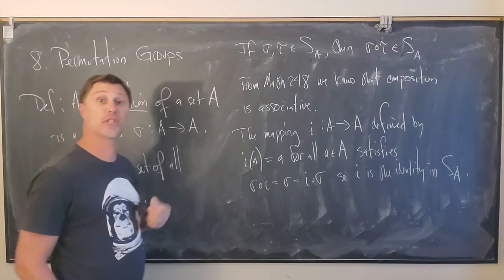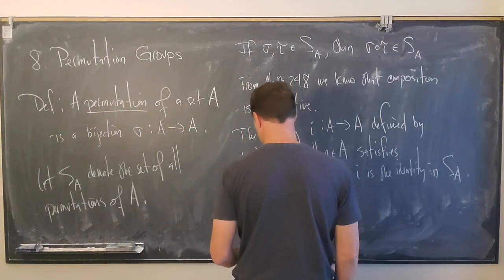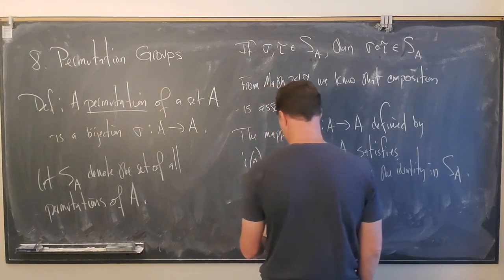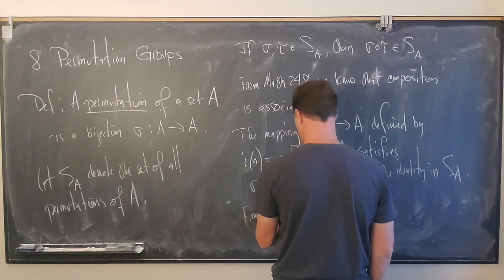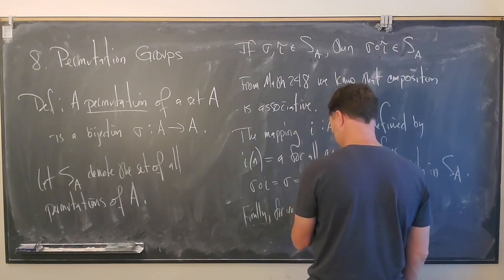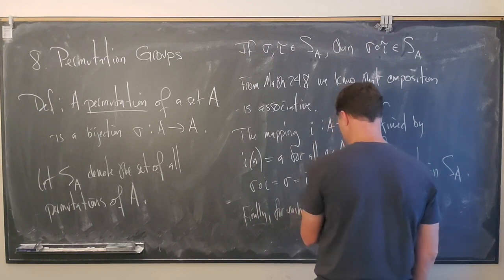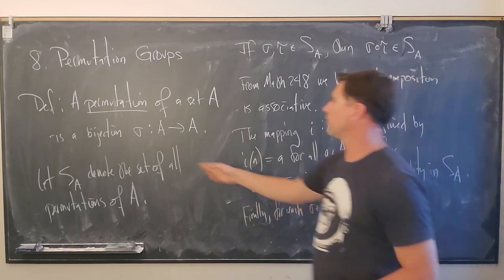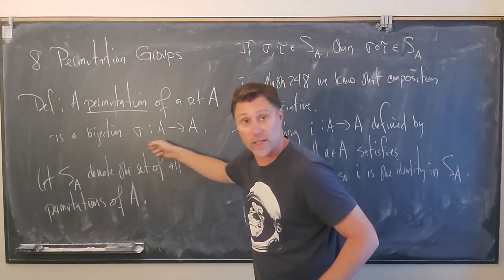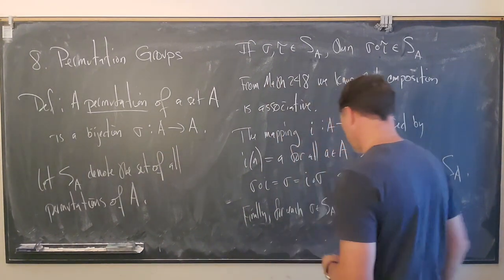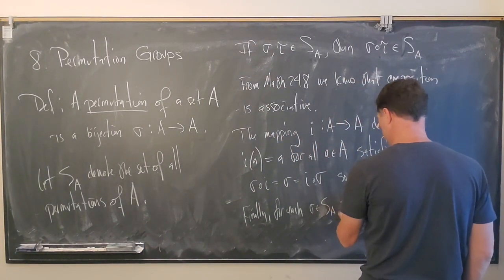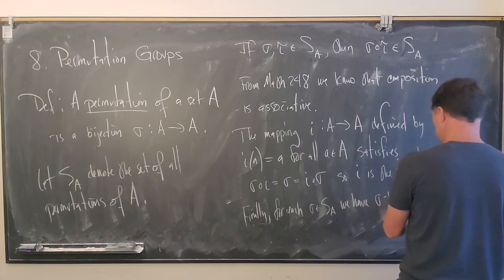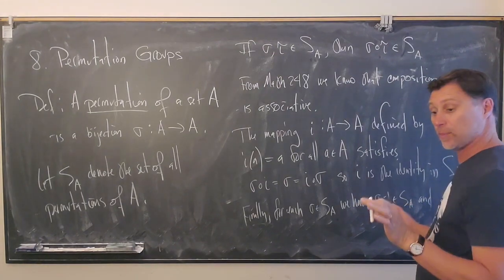Since we're working with bijections, each of these functions has an inverse. Finally, for each sigma in S sub A, if sigma is a bijection from A to A, then sigma inverse goes backwards, but that means it goes from A to A. So sigma inverse is in S sub A, and it satisfies exactly the property that we need.